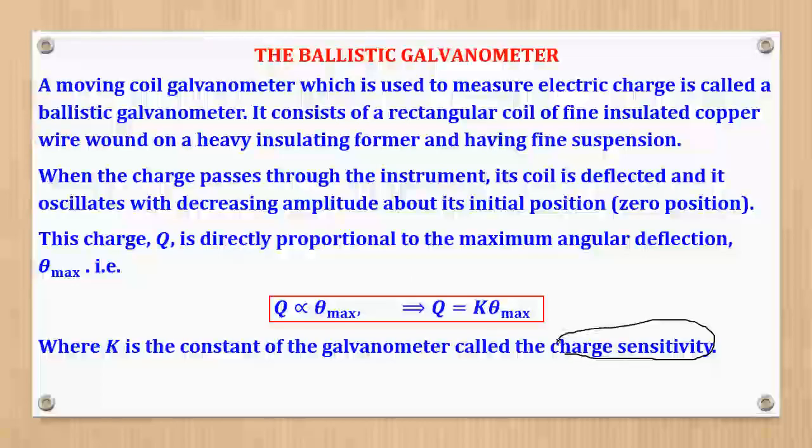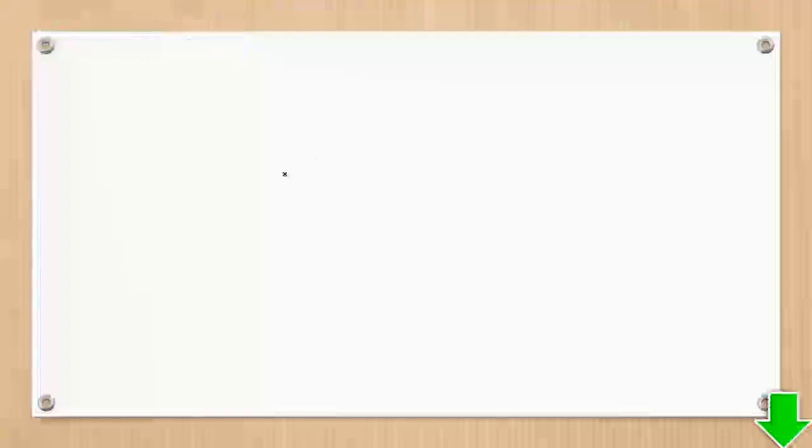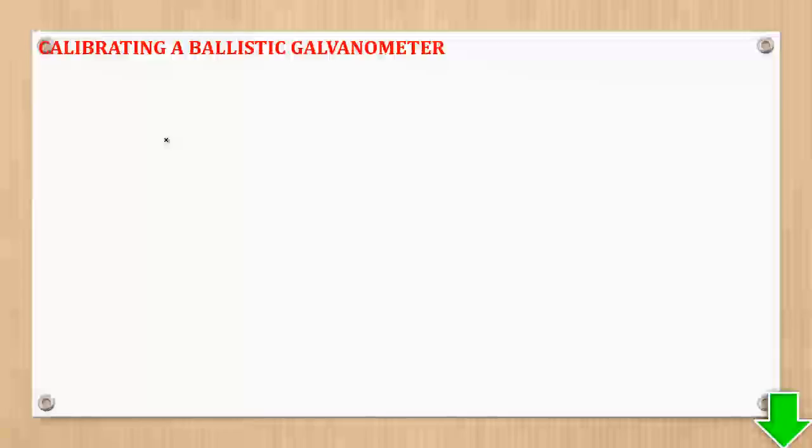I think you remember, in a moving coil galvanometer we had voltage sensitivity and current sensitivity, but now we have what we call charge sensitivity. In this case it will be coulomb per radian, or coulomb per division, but you can also get the reciprocal of that charge sensitivity, which will be radians per coulomb.